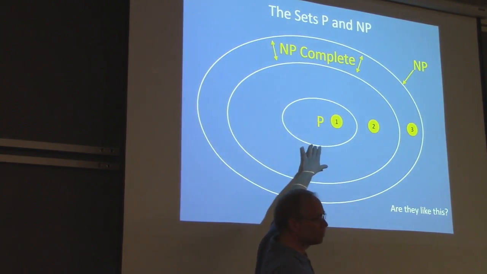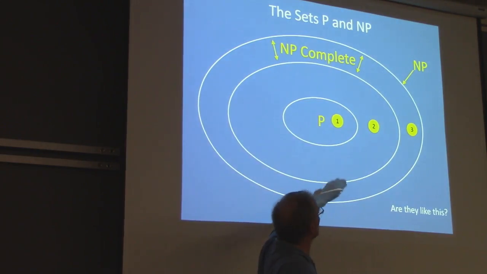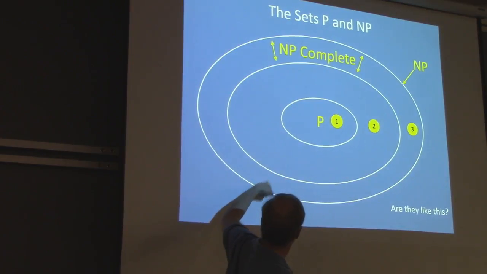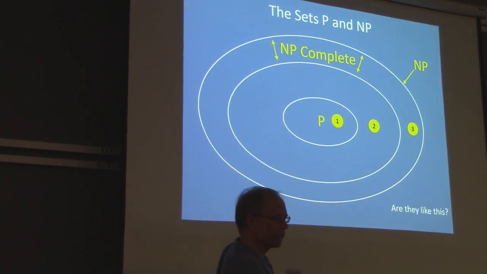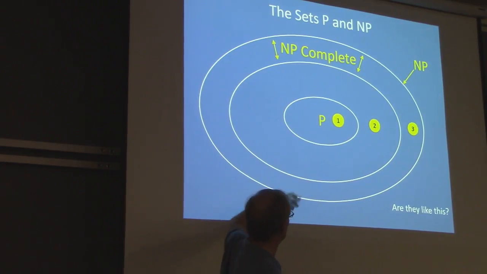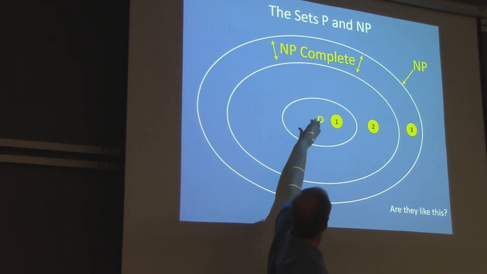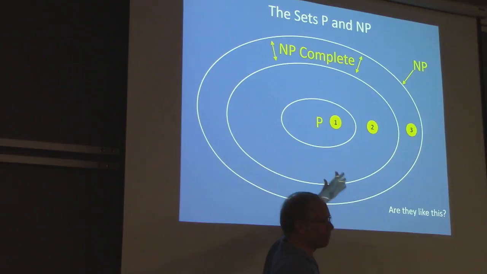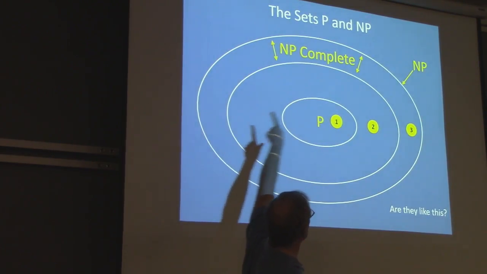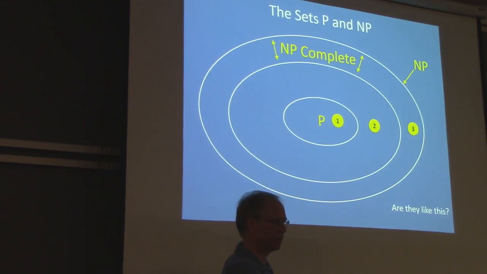P is this inner circle. Think of the NP-complete problems as this set in this annulus here. So the NP-complete problems are part of NP. My intuition I want you to have is the further you get out from the center, the harder the problems get. So think of the NP-complete problems as being the very hardest problems in that set NP.